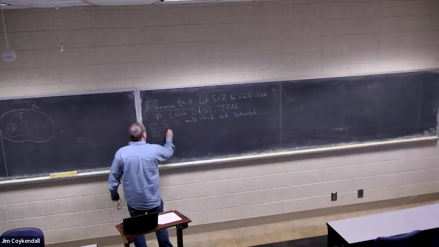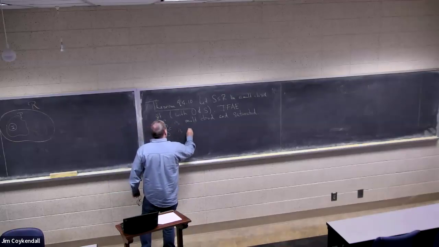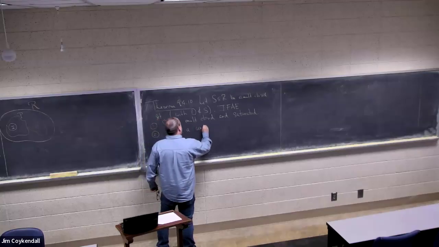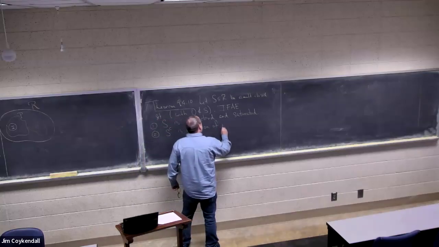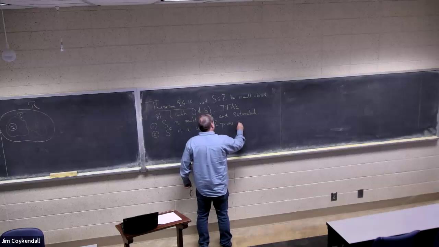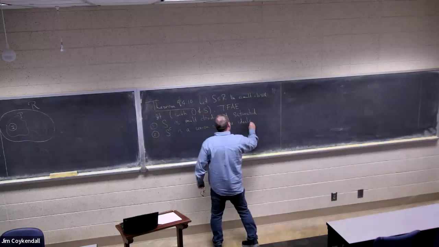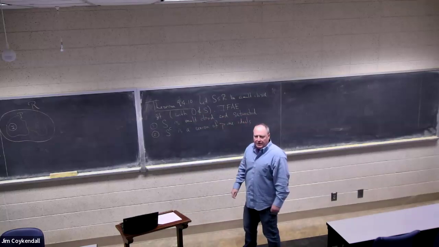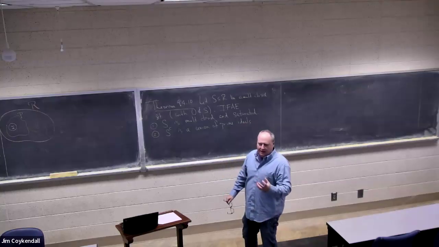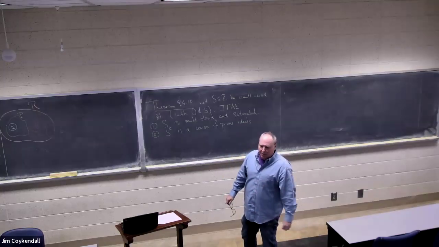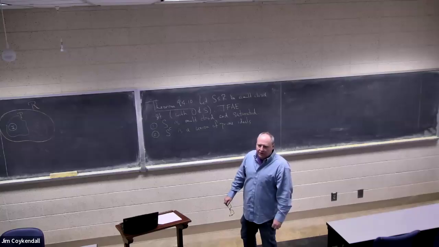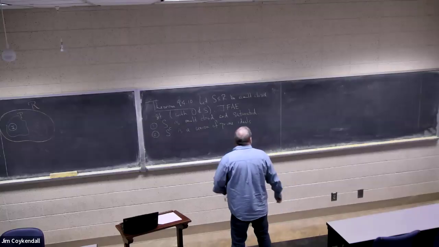Two, S complement is a union of primes. This is a very groovy theorem, because what it says is any saturated multiplicatively closed set is a complement of a union of prime ideals.